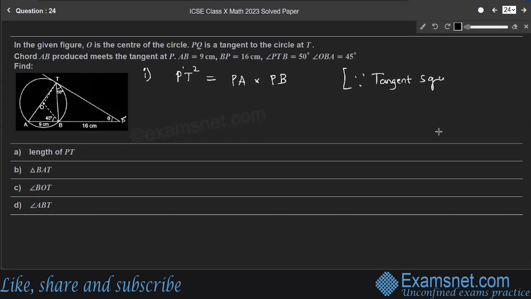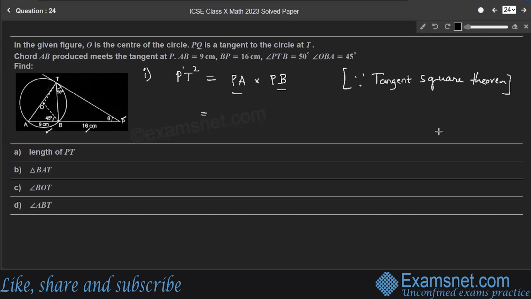Therefore, PA is already given as 16 plus 9 centimeter, since it is the sum of PB and AB.